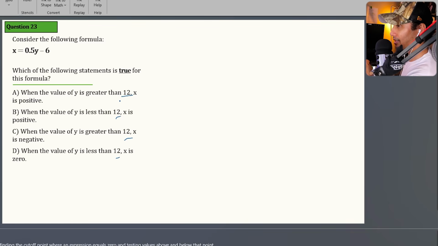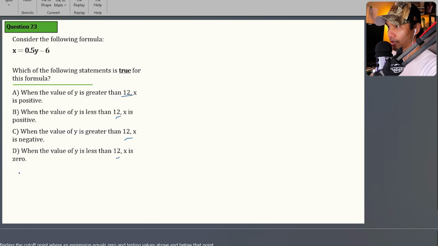So let's see what happens when we figure out what the cutoff is. In order to figure out the cutoff, we need to make x equal 0. So we have 0 equals 0.5y minus 6, and then I'm going to add 6 to both sides.